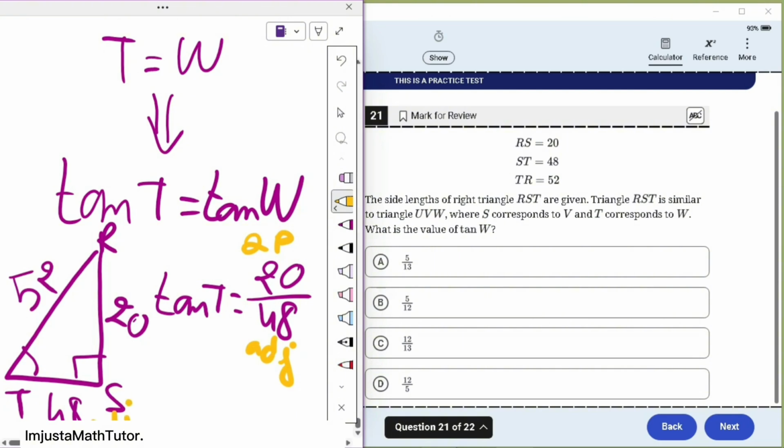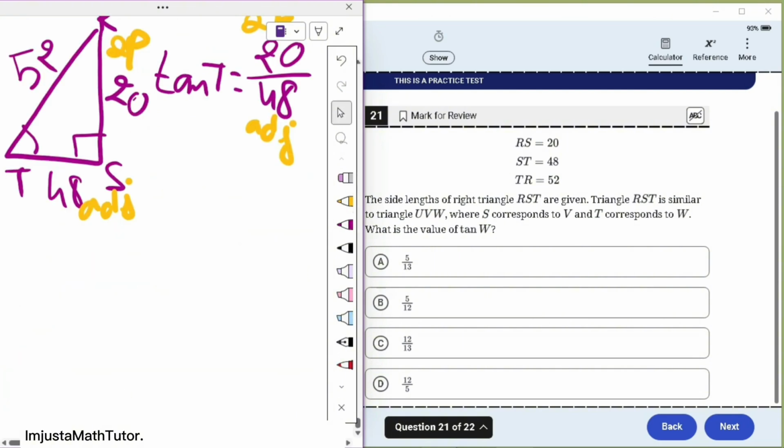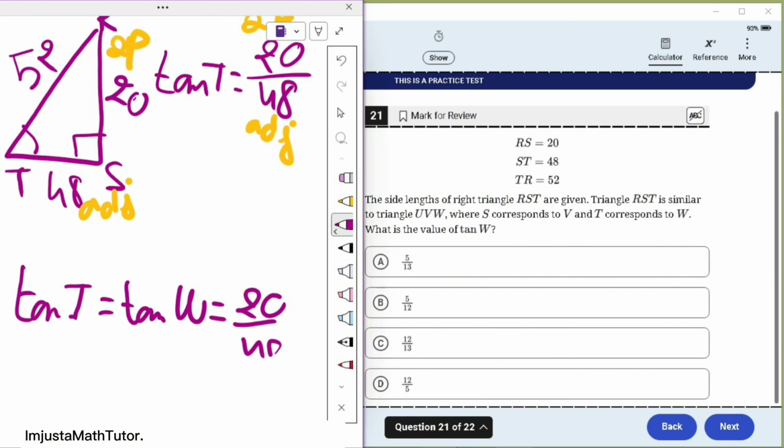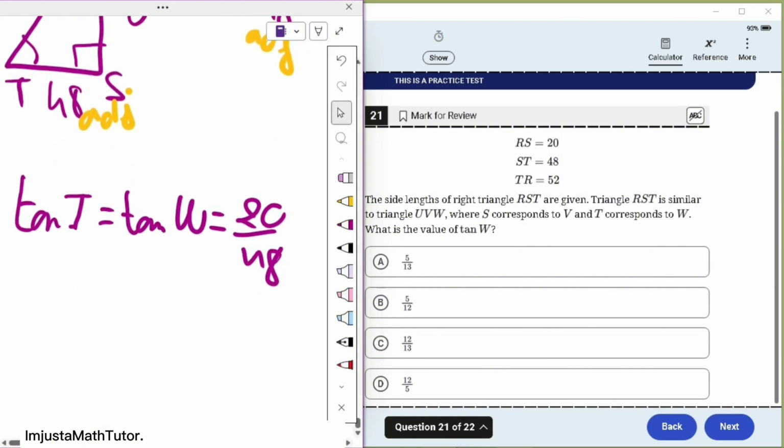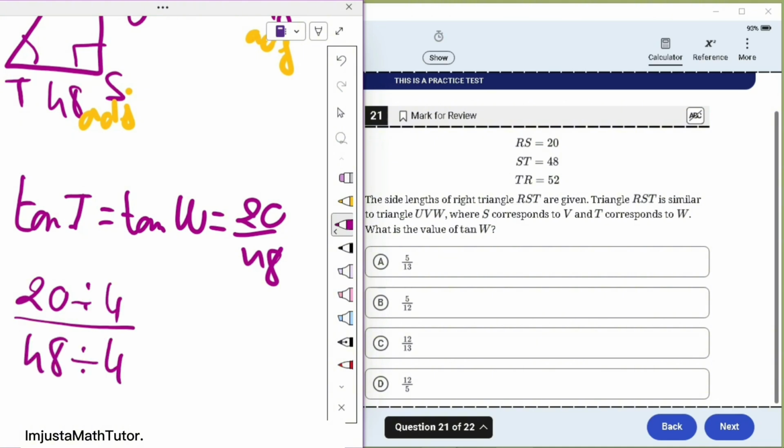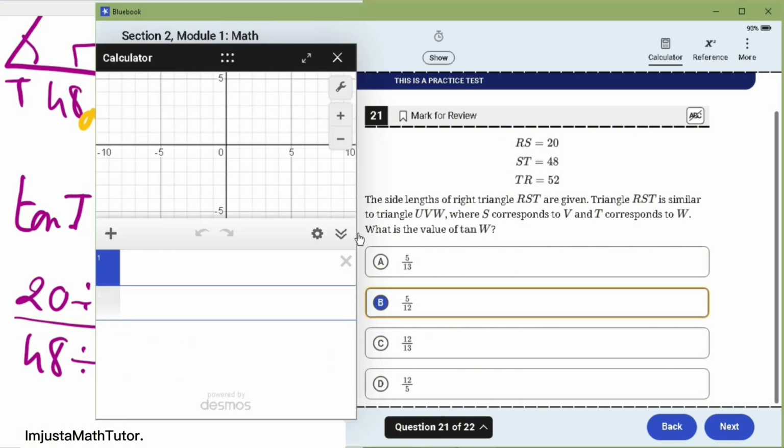The opposite to the angle and the adjacent to the angle. So tangent T equals tangent W, which equals 20 divided by 48. But we don't have that in our options. Now, when you have a fraction like this, try to simplify it. Let's find the common divisor. I'm going to try 4. It looks like the biggest common divisor, which gives us 5 divided by 12, which is answer B.